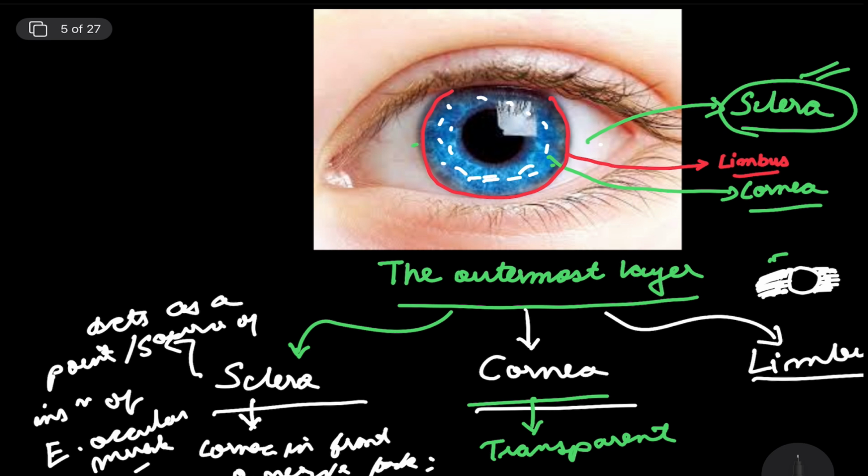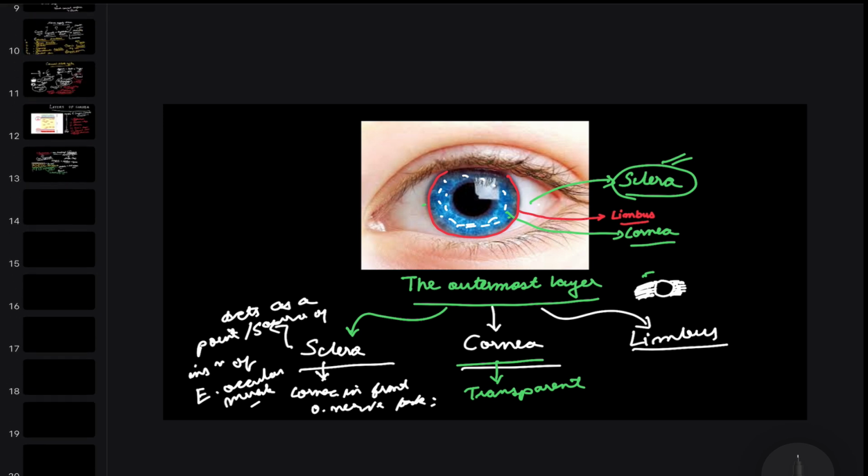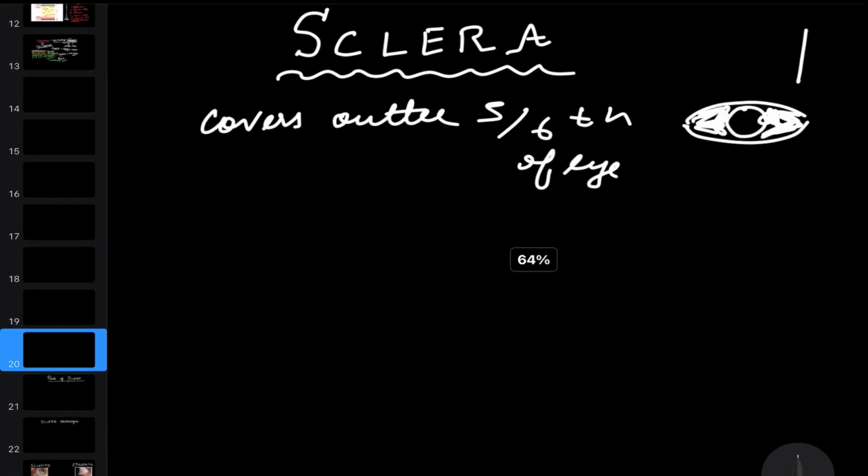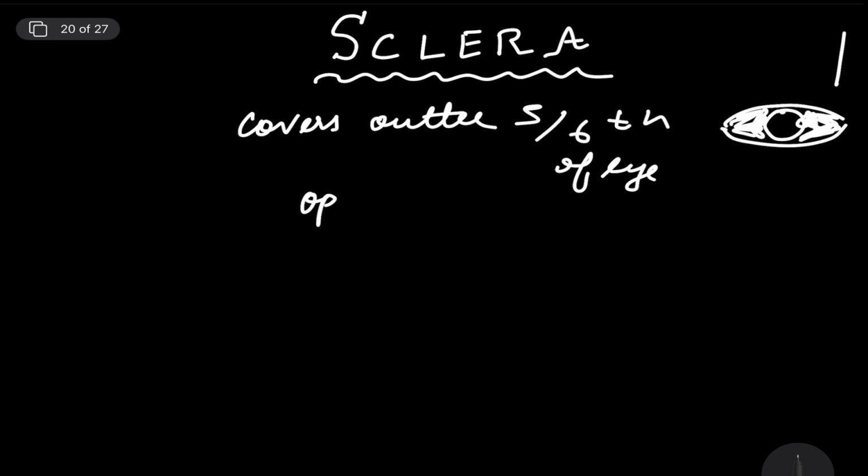Why not? Because sclera is opaque. We already know this, but still we'll be writing this down. It is a whitish, opaque, fibrous and protective covering. So its basic function is protective.